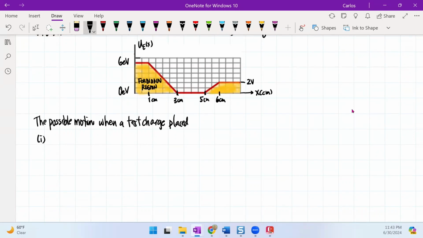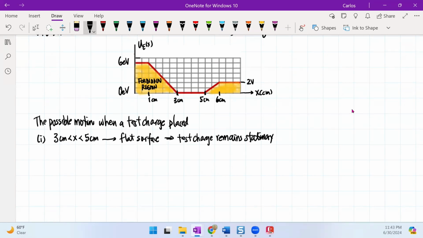Well, in the first case, you could see here is that if you put it in between 3 and 5 centimeters, that's flat. So this is a flat surface, which then tells us here that the test charge remains stationary. There's nothing there. There's no electric field, there's nothing.